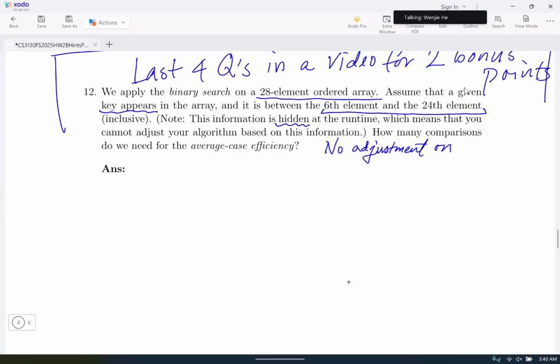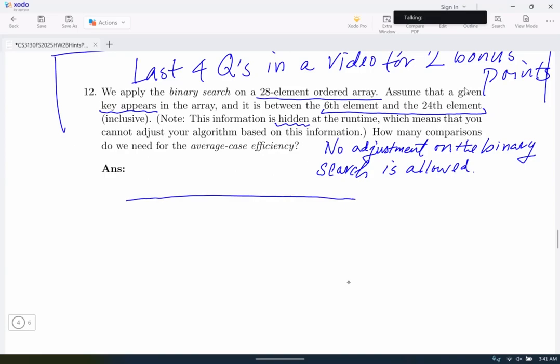No adjustment on the binary search is allowed. So when you build the binary tree, remember, when we calculate the average case efficiency, we need to draw a binary tree.